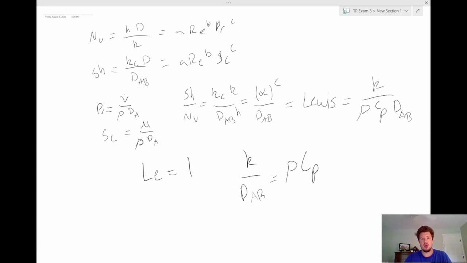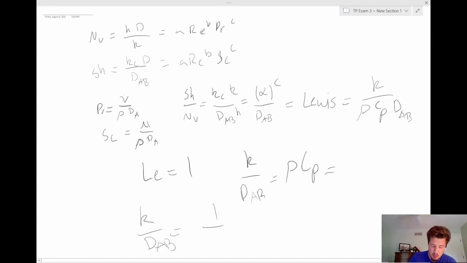Now, if we remember what the Sherwood over Nusselt number is, we'll see that it's approximately 1, and that K over DAB is approximately 1. I'm sorry, let me write over here. K over DAB is equal to 1 over rho Cp. And this is the Lewis relation.